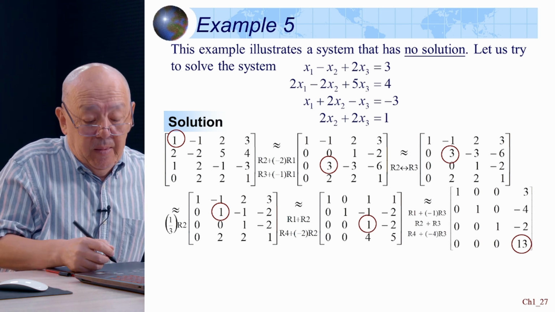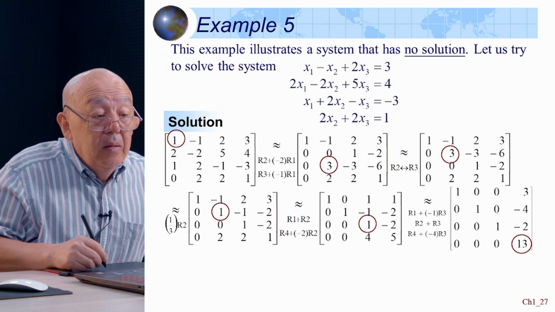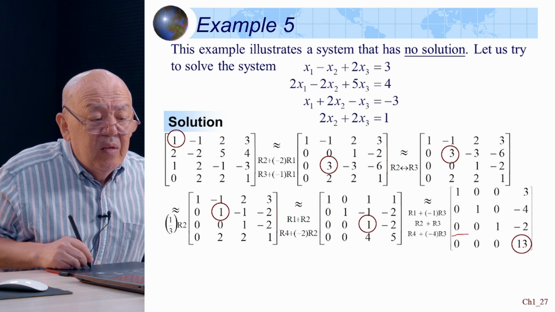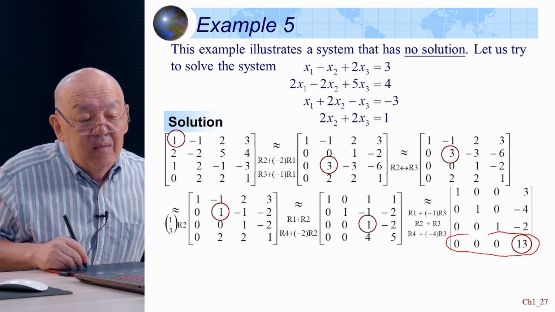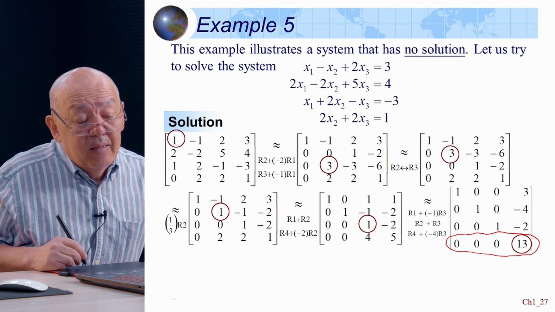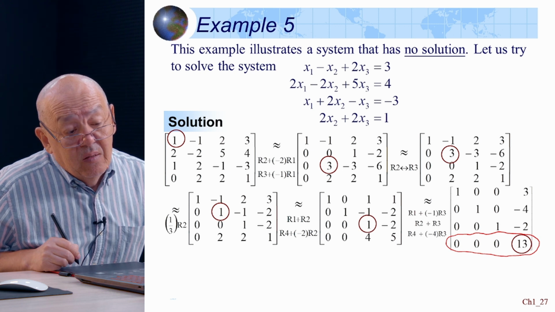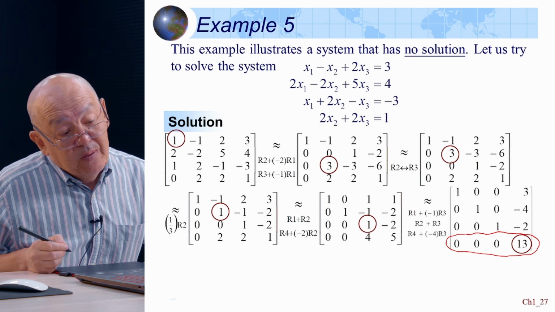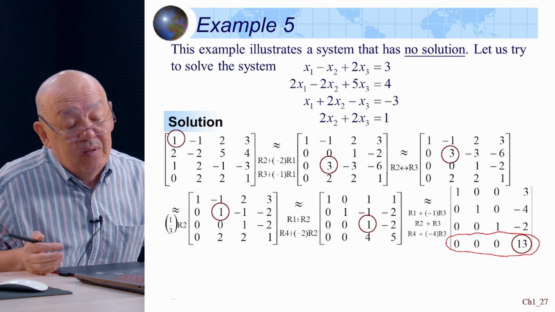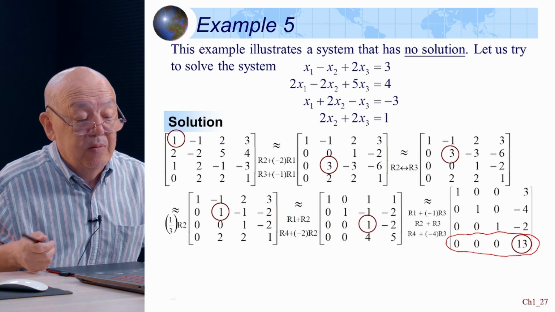You can divide it by 13 to have REF, but indeed you needn't, because getting this kind of row where all the entries except the last one are 0 means that you get equation 0 is, in our case, 13. This is impossible, so you just write the system has no solutions.